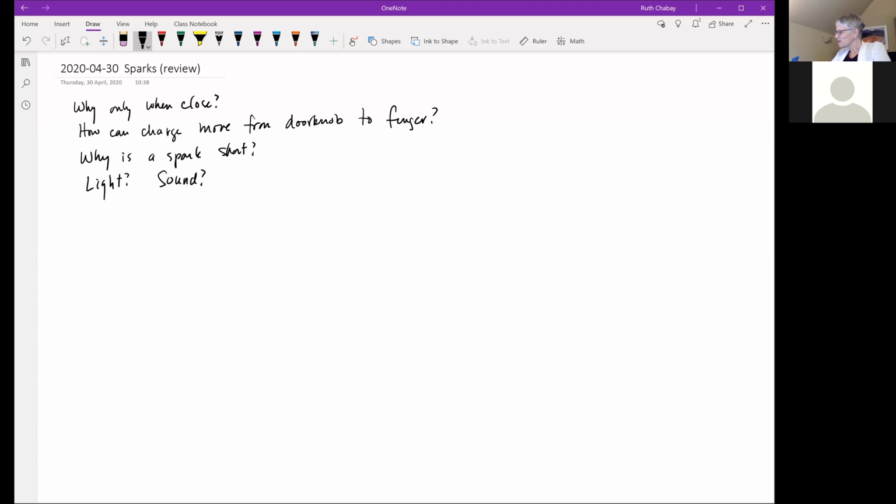Okay, so air may turn into a conductive path, so the charges can flow from the doorknob to the finger. That's a good guess, but then the question is, how would that happen? How could air become conductive? That guess generates a new question, doesn't it?